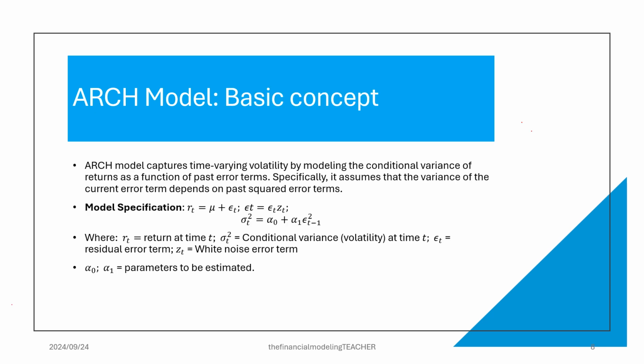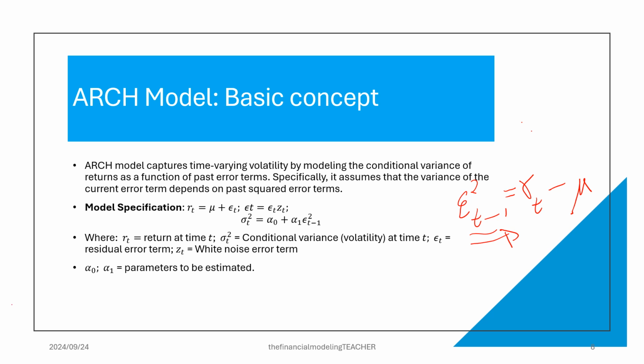The ARCH model is represented by this mathematical formulation where we have the past error term, e_{t-1} squared, which is found as the current return minus the average of all returns over a period. We prefer to model it in terms of those past error terms.